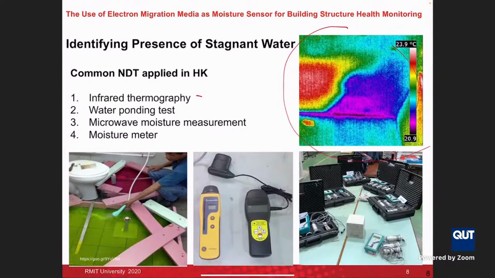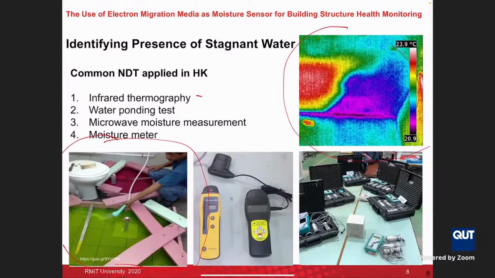You can see from the picture on the left-hand side, they try to make a water pond in the suspected area, add some colored water on the floor slab, and add some water pressure on the floor.